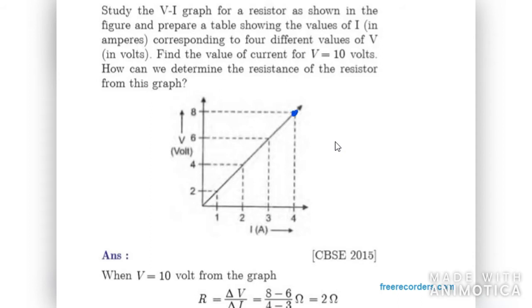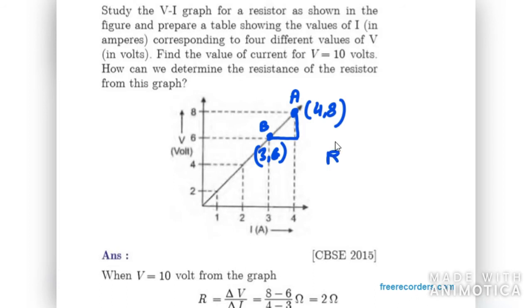They have taken 2 points, this and this. For this coordinate, my coordinate will be 4, 8, and let this point be B and let this be A. So I need to find the slope of this AB. So here it is 3, 6.